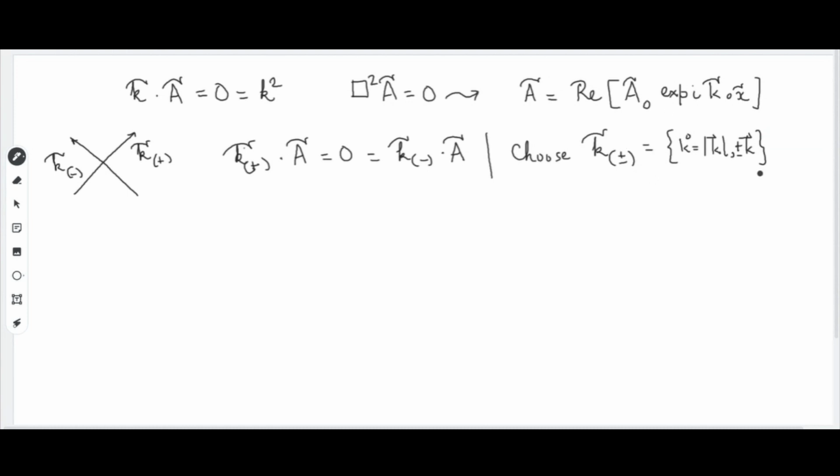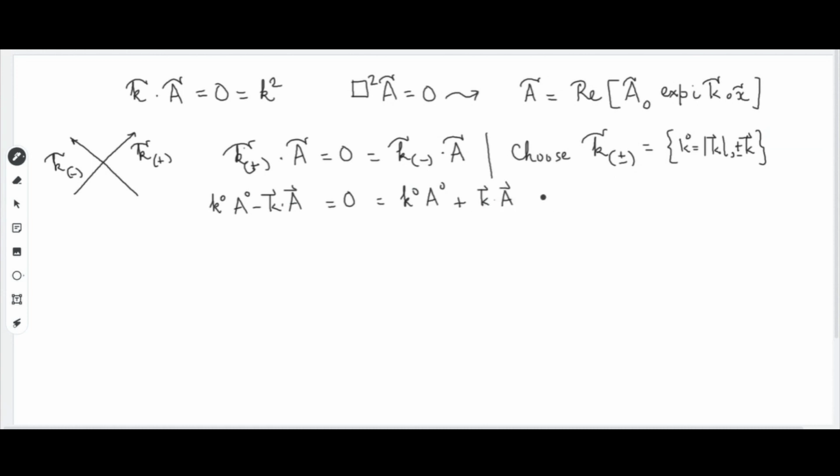You can easily show this, right? And therefore, as a result of these two conditions, what we get is K0 A0 minus the three-vector K, ordinary dot product into the three-vector A, equal to 0. That's from this one. And from this one, we get K0 A0 plus K dot A equal to 0.